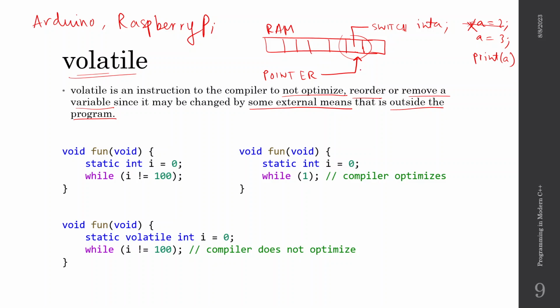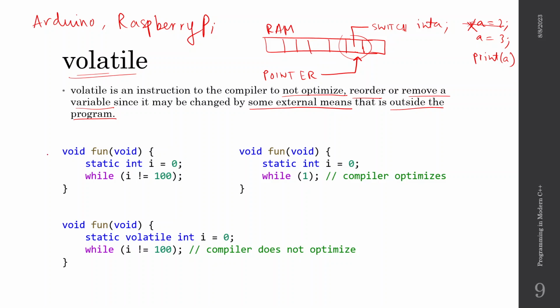So what can happen is that the value at this location will change beyond the control of the program, right? Whatever the program is doing, it doesn't matter, because when some human comes and presses the switch, the value will change. So it is better not to optimize such variables because it is outside the scope of the program.